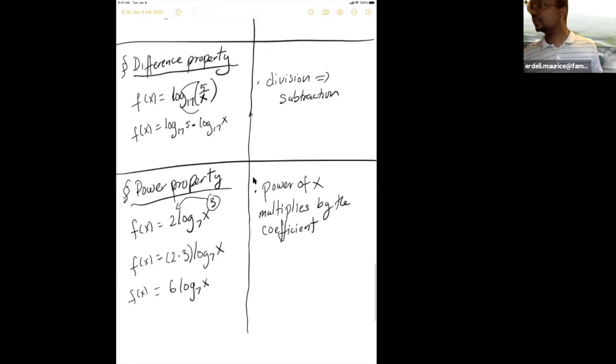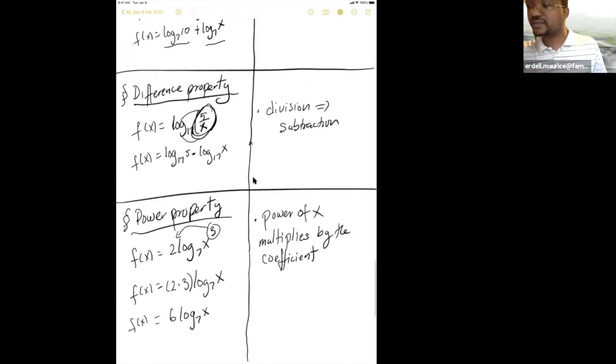Questions there on the 3 properties of logarithms? Your summation property, your difference property, and your power property. The point of all of these properties is to take a log that has lots of stuff in there and simplify it to a log that only has 1 term in there. And then once we have that, we can go ahead and apply the rules that we've learned.